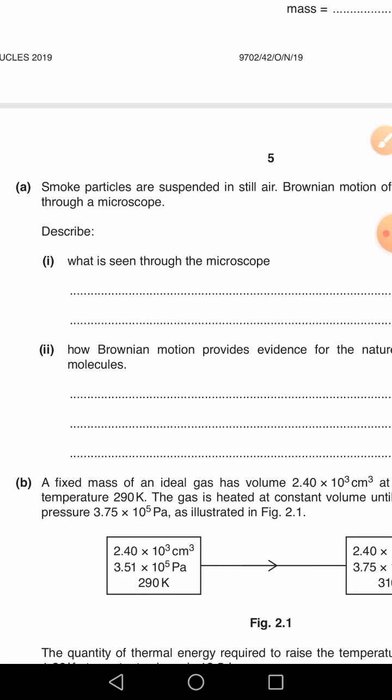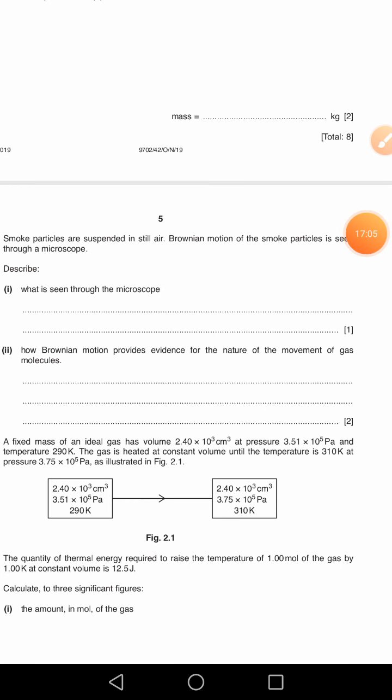You already know about it, and you already know that when you are observing Brownian motion, you observe that bright points, bright particles are moving all around in a haphazard manner, following no specific pattern. So this is what you observe, okay.